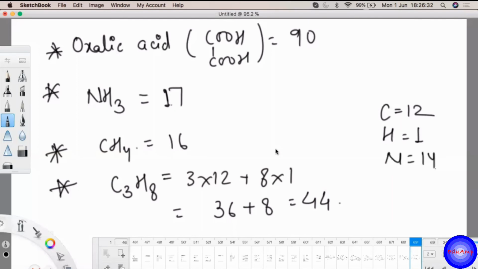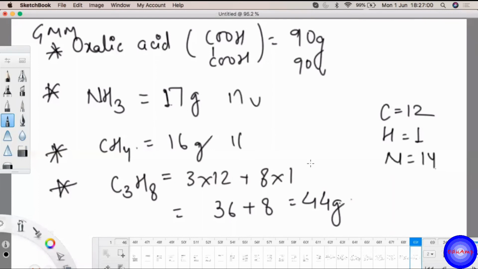No, see, what you are doing is something you don't have to do. I just asked you to tell me what is the gram molecular mass. So you have to just put G along with it. That's it. This is the gram molecular mass. If I had asked you what is absolute molecular mass, then you would have told 90U, 17U, 16U, 44U. Okay? Everyone understood?